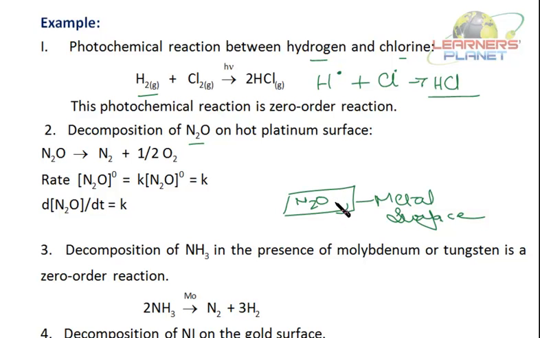So at one point, say initially, this reaction will be a first order reaction, that is, the rate will be proportional to the molar concentration of N2O raised to the power 1.